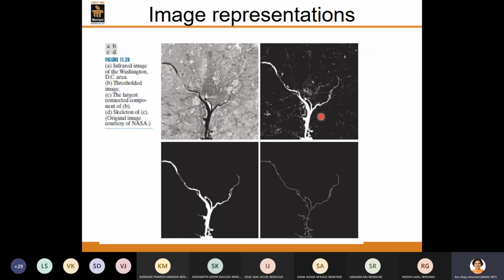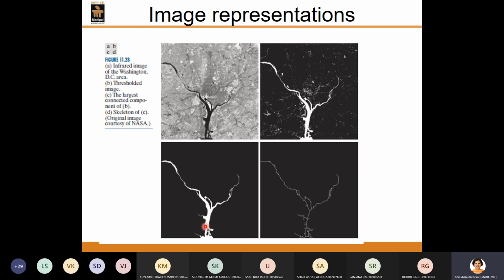So this is one thresholded image which has been obtained from this image. Now after thresholding this image, connected component analysis is done, which means that an algorithm is used to find out which is the largest connected component present. As we see here, this particular region is the largest connected component, and that has been extracted.